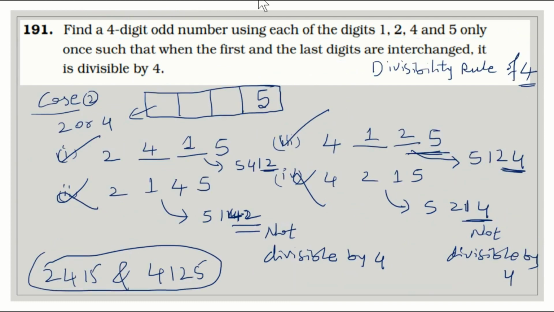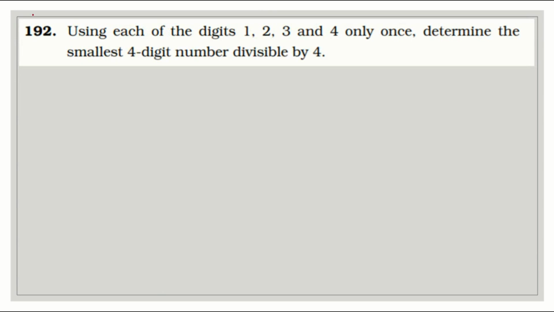Okay, so now let's get into the next question, which he is clearly asking you. Question number 142. Using each of the digits 1, 2, 3, 4 only once, determine the, this way he is supposed to ask, smallest 4-digit number divisible by 4.